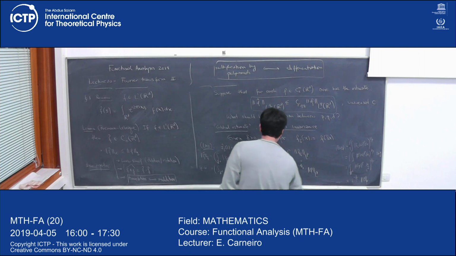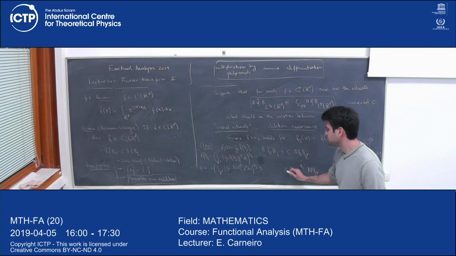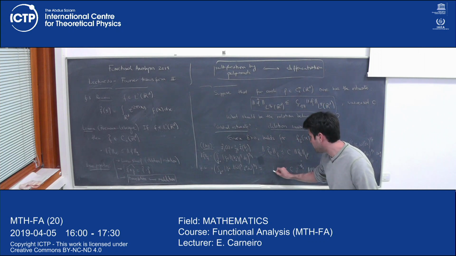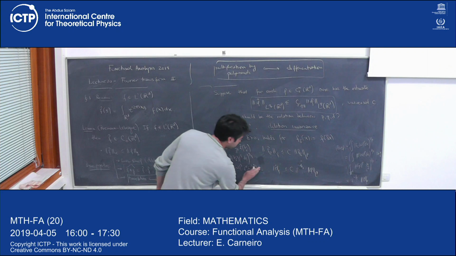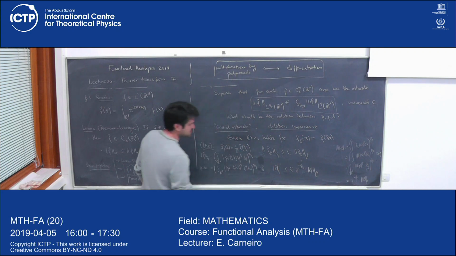So what you have is the LQ norm of f hat that appears here, multiplied by a certain power of delta. Which power is this?